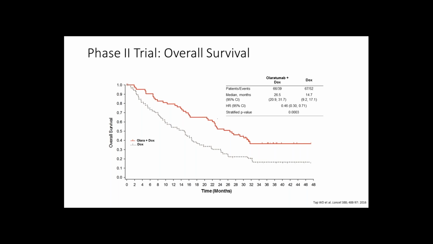The combination of doxorubicin and olaratumab is highlighted in the red curve, and the single agent doxorubicin as the dotted curve. You can see that the median overall survival in the combination arm was 26.5 months versus 14.7 months in the single agent doxorubicin arm, with a hazard ratio of 0.46. And this was a very statistically significant result.